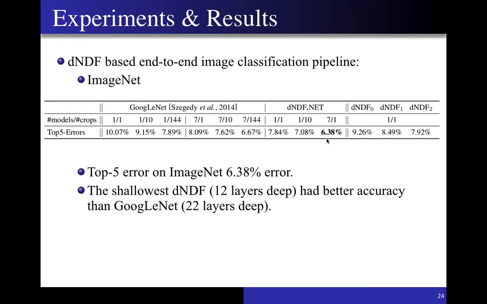This is the error rate, and when we compare with Google LeNet, it's much better. Here we also see that the shallow neural decision forest also performs much better than Google LeNet, which gives us an error of 10.07, and the other value is 9.26, which is lower.